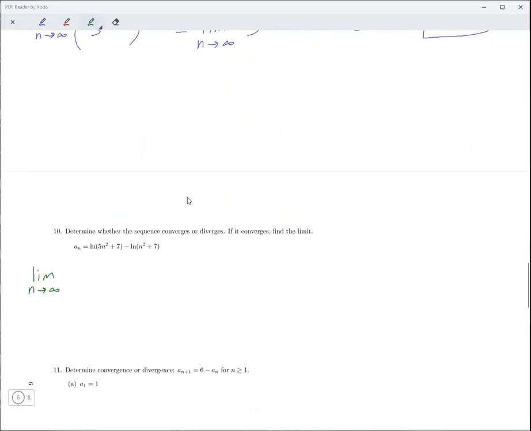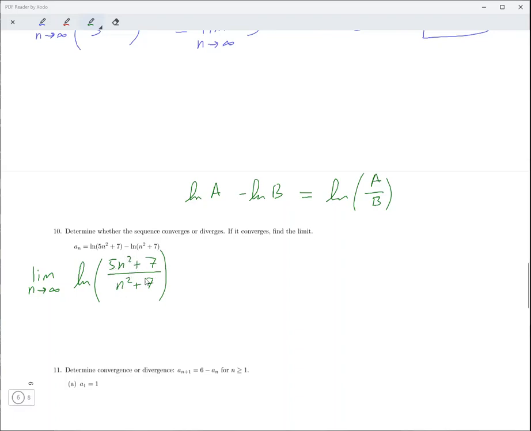There's a property right here that if you take the natural logarithm of a minus the natural logarithm of b, that's going to be the natural logarithm of a over b, right? So 5n squared plus 7 over n squared plus 7. Okay.